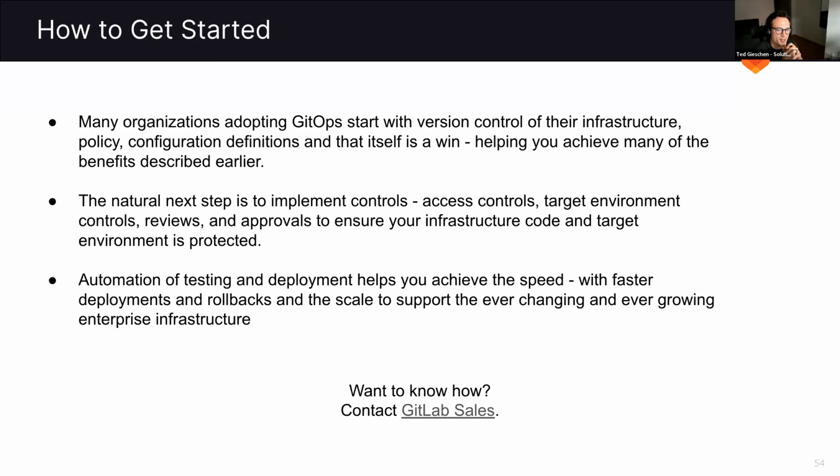The last step is adding automation, both for your testing and deployment, to improve the speed of deployments and rollbacks, as well as the scale to support ever-changing and growing enterprise infrastructure.